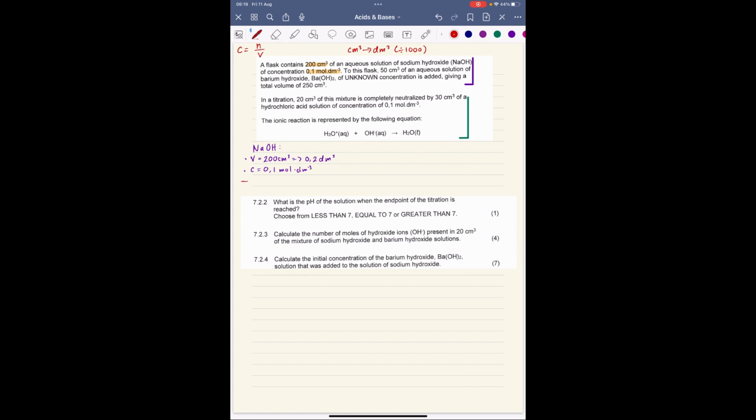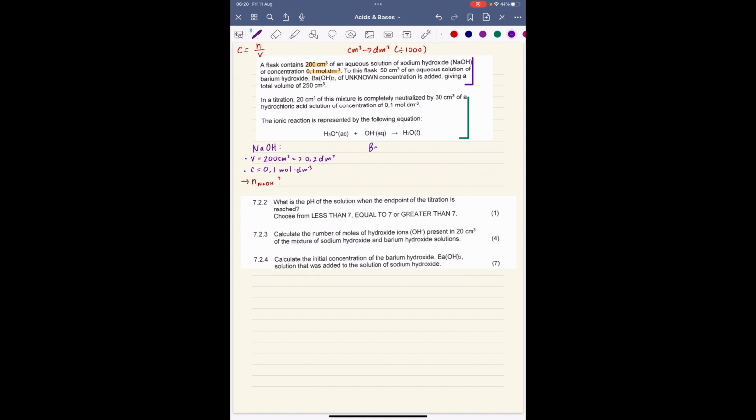So the first indication I get from here is that I can find the moles of NaOH. And if we can find the moles, as is always the case in stoichiometry, then everything becomes a lot easier. Then you can move around and use mole ratios here and there.